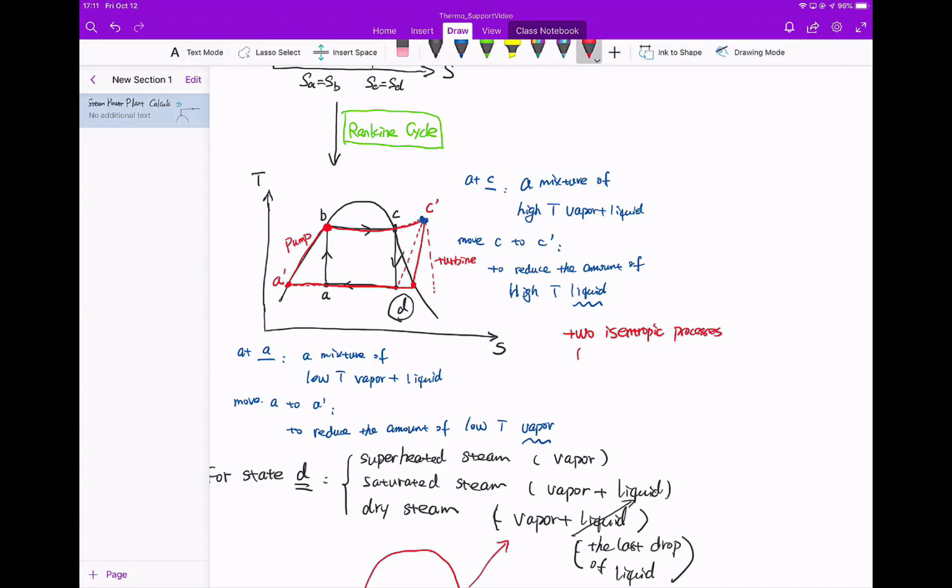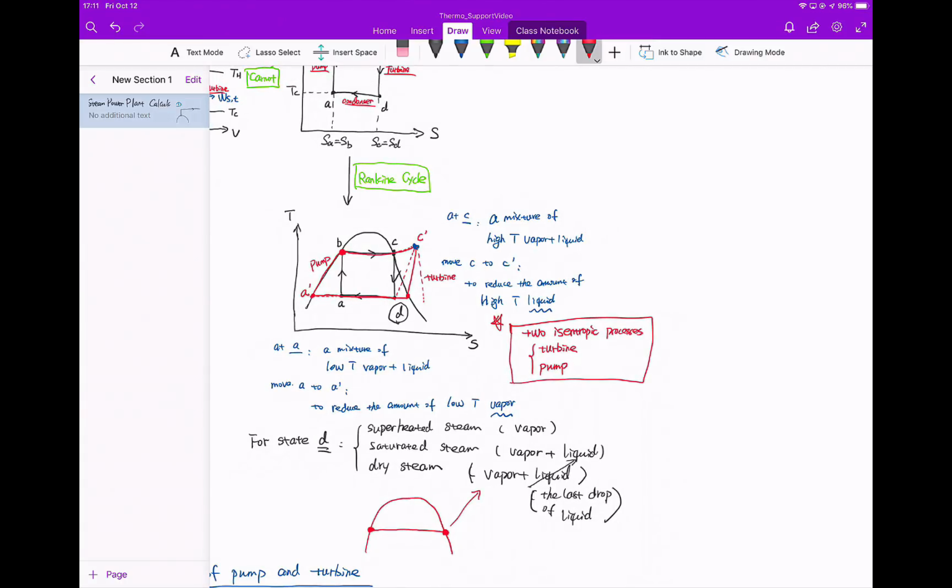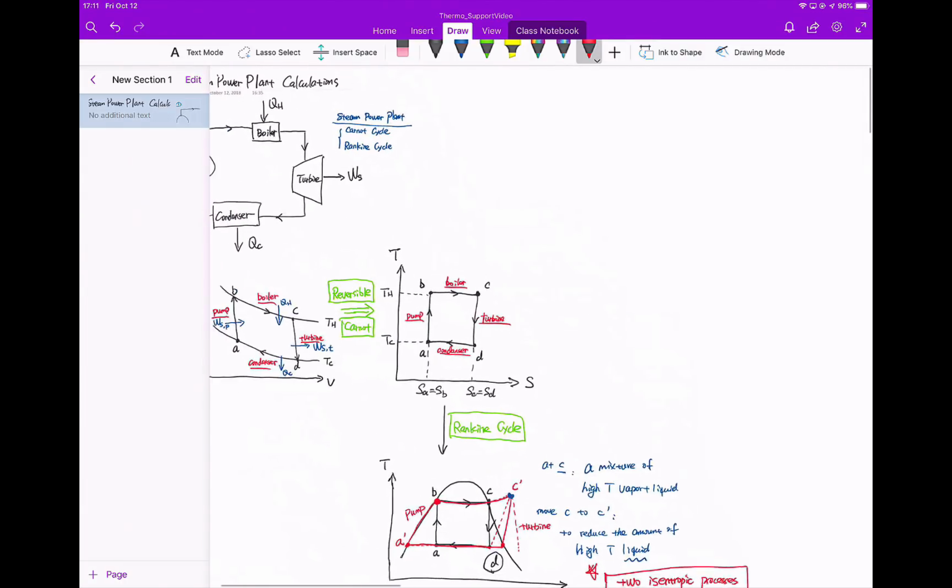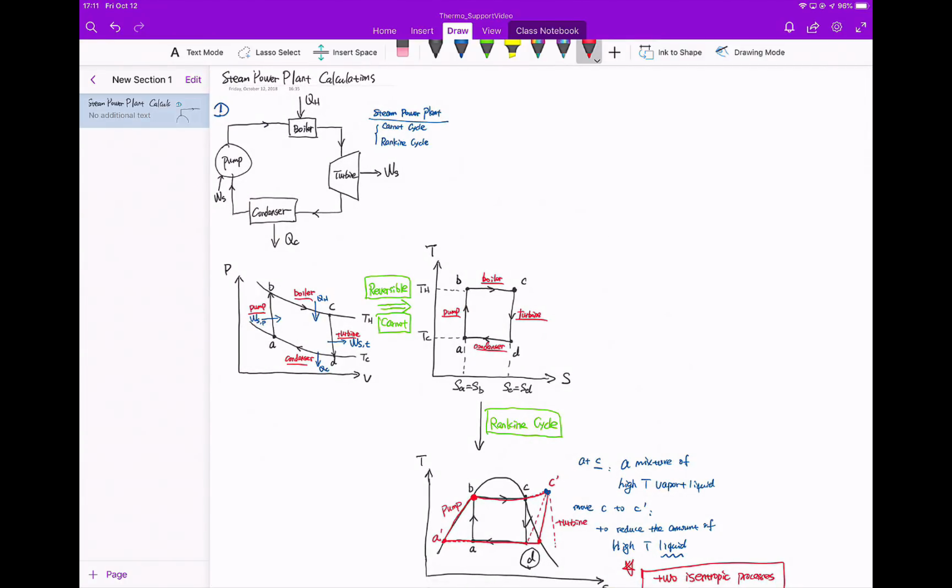One is the turbine, one is the pump. Alright, so this is the general discussion of the steam power plant.